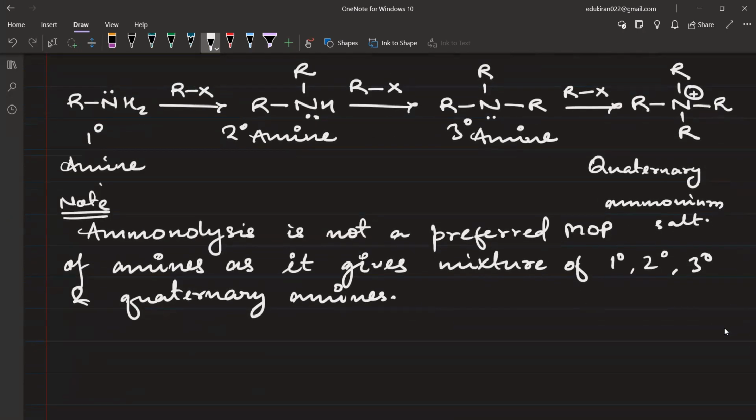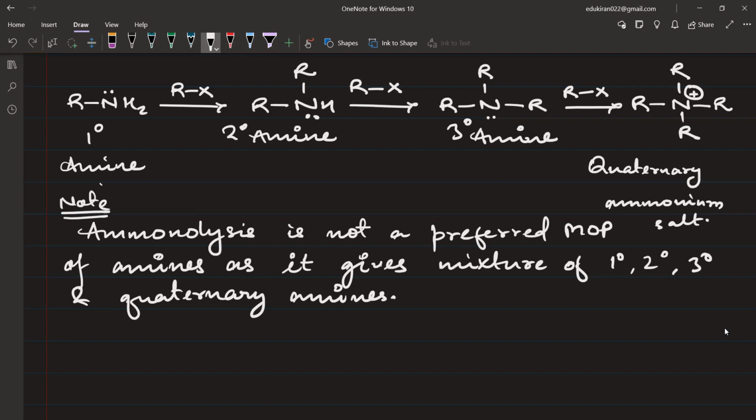Now, in order to get primary amine, what we can do is have the alkyl halide in a very small amount, and have excess of ammonia. If ammonia is in excess, then the alkyl halide can react with ammonia only. Because all of the alkyl halide can react instantaneously with ammonia, there will be no alkyl halide remaining to react with 1 degree amine.